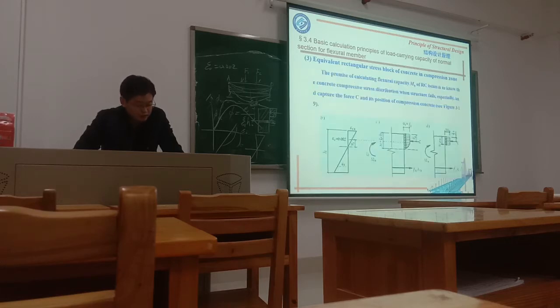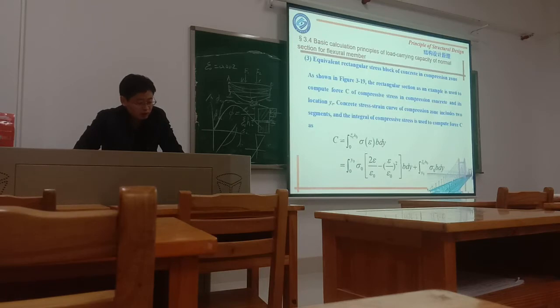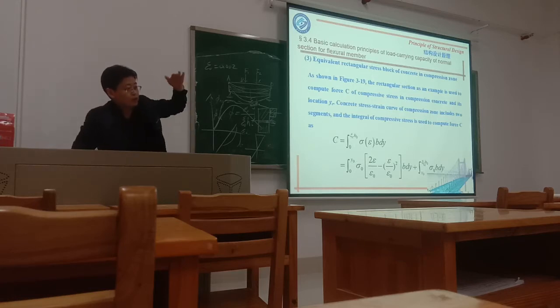y0 is the top point of the curve. Up to this point is a constant value. So when we want to calculate the total compressive force C, we use this integral, and this range is divided into two parts, 0 to y0 and y0 to the top.